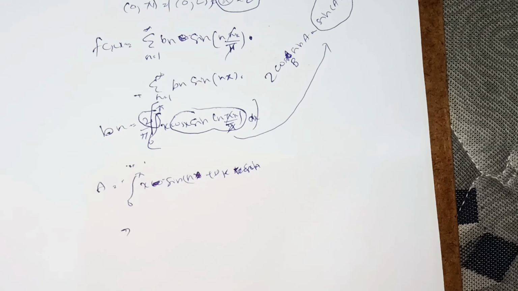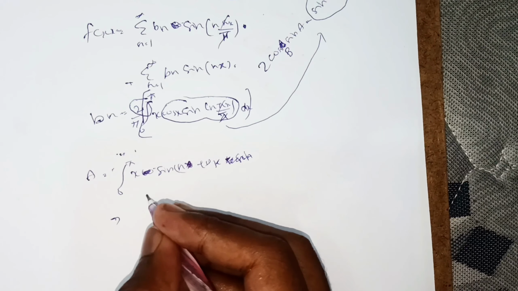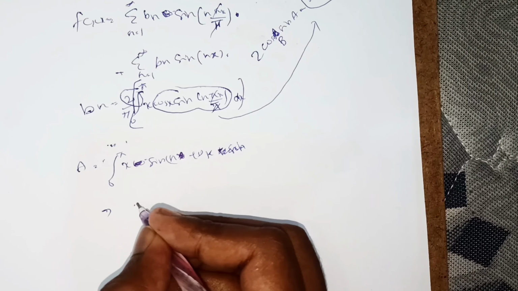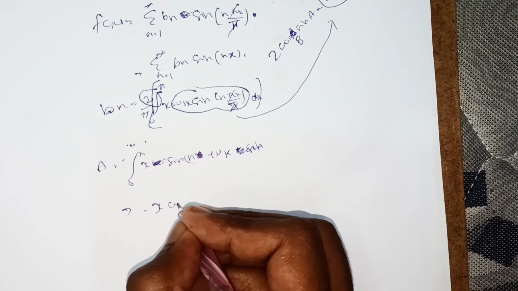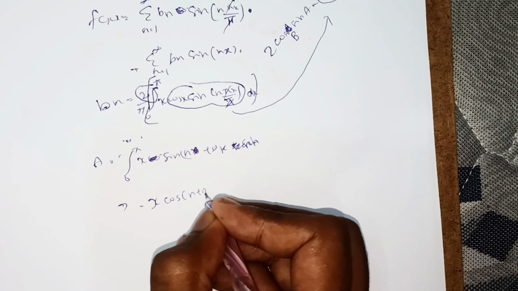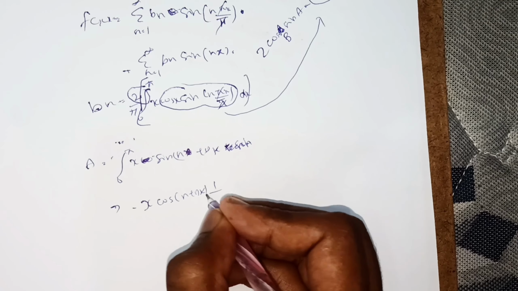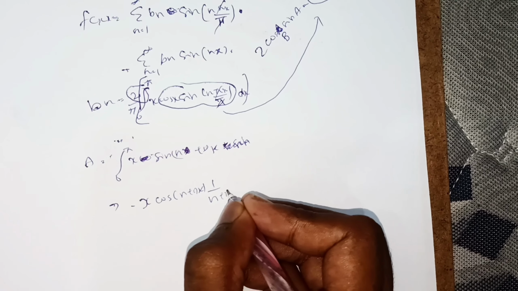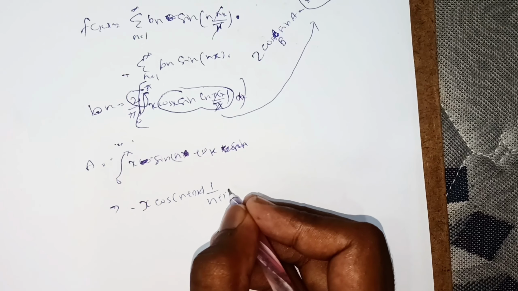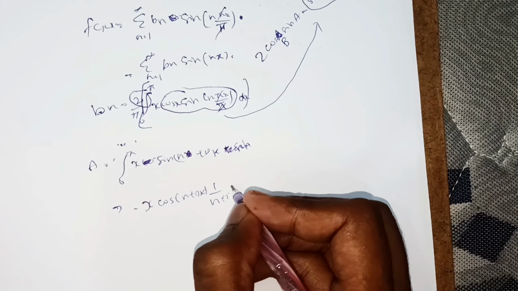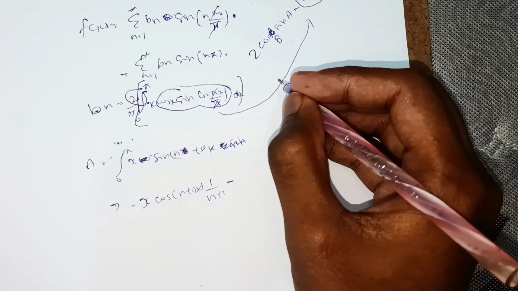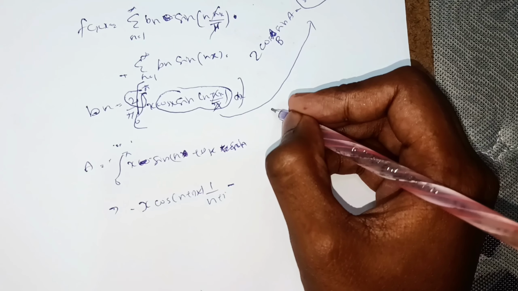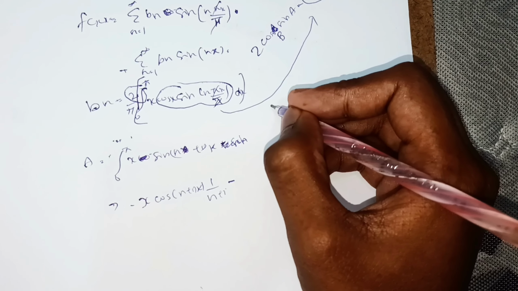Write it as x. The integration of sine is minus cos, so minus cos of n plus 1 into x by n plus 1. Next is minus, by Bernoulli's integration by parts formula.